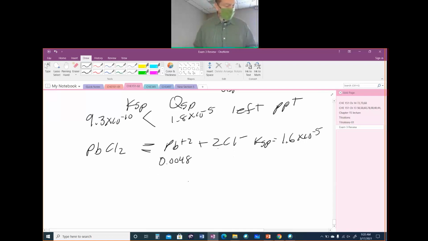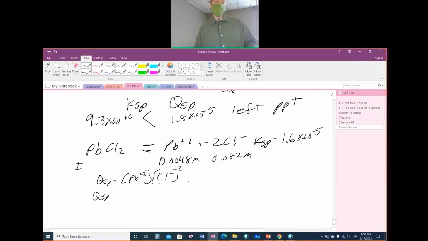Initial concentration of Cl minus, 0.082. All right, so now this is initial, so now we're finding the QSP. That is equal to your lead plus 2 and the Cl minus concentration raised to its coefficient of 2.